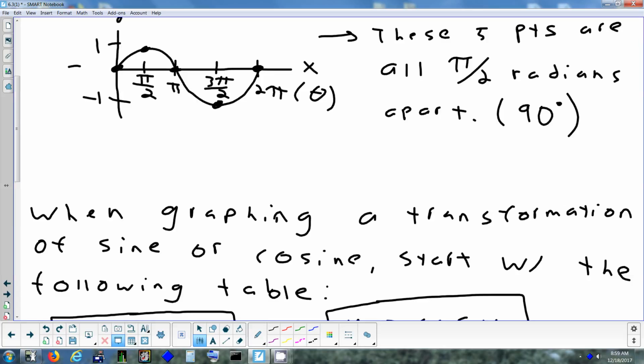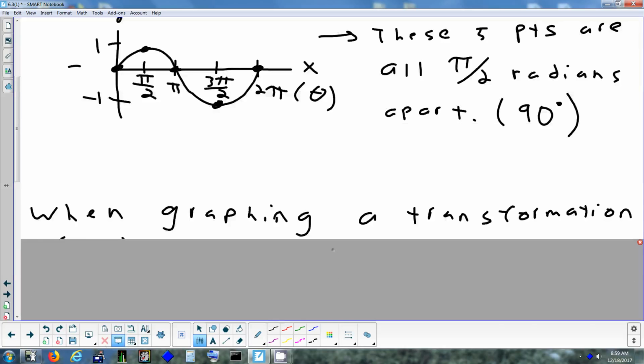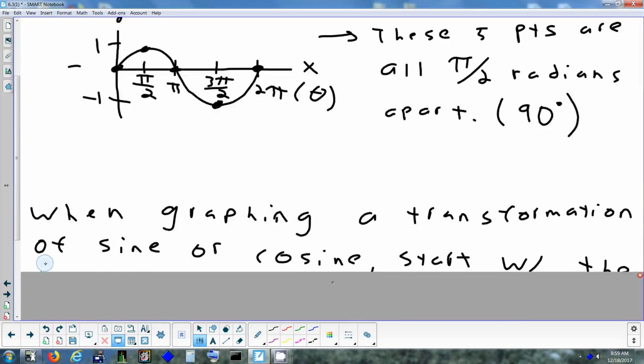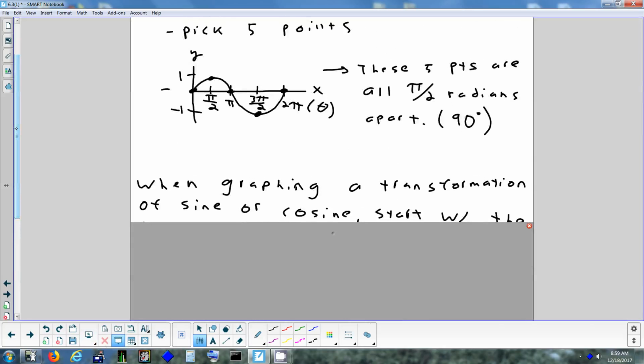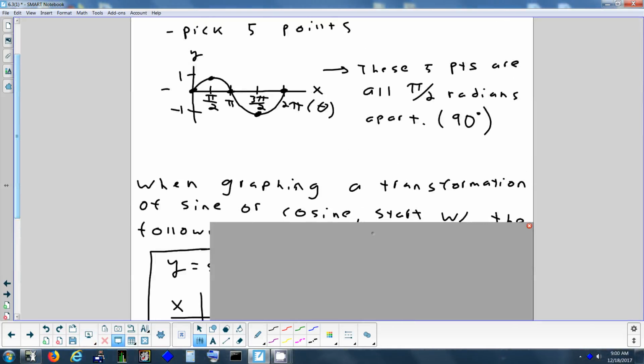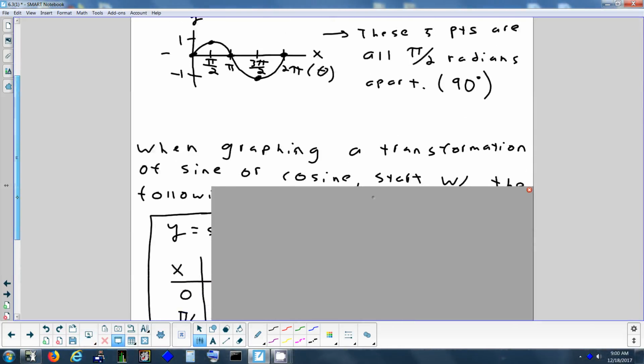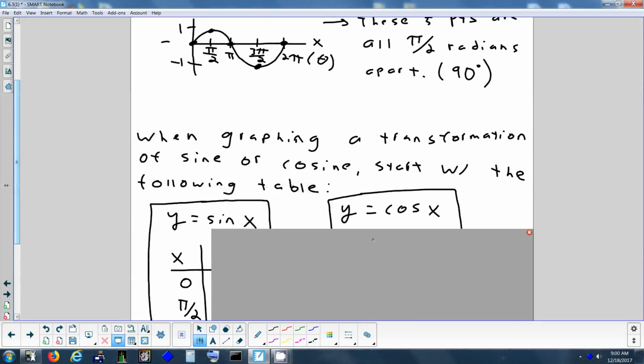Just the basic function before you do anything to it. Alright, so in that picture that I have up above, that's a pretty accurate sketch of sine. Okay, don't worry about cosine right now. I'll come back and we'll look at that one in a second. Let's just focus on sine.